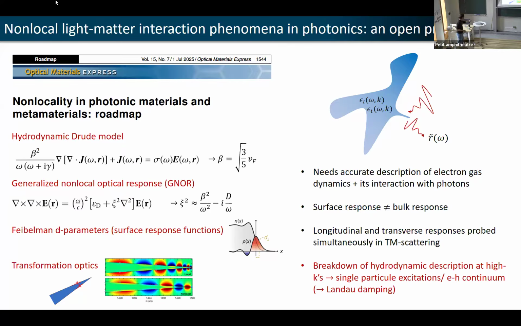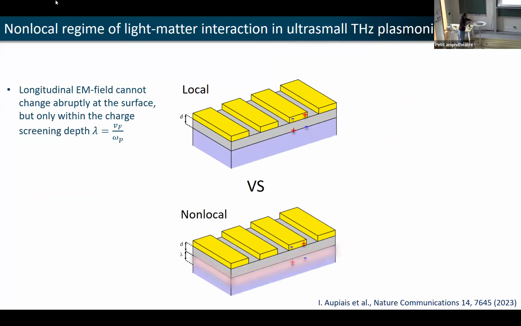So in our system, we didn't develop any model. We just took one on the market, which is this one. It is supplemented with boundary conditions and everything. This one basically tells you that, as you mentioned, on the surface, the longitudinal electromagnetic field cannot change abruptly, as it is considered in local models.